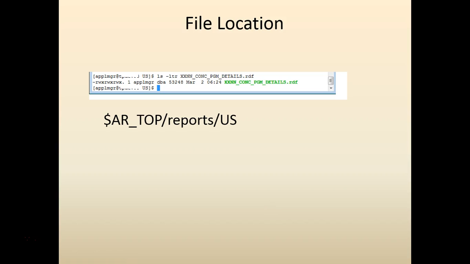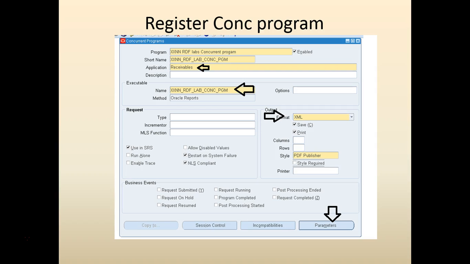So I'm just going to show you the file path. So once the executable is defined, now we have to register the concurrent program. So make sure of your application short name. It's not necessary to match the application short name to the executable name, but it's a good idea to keep them similar.